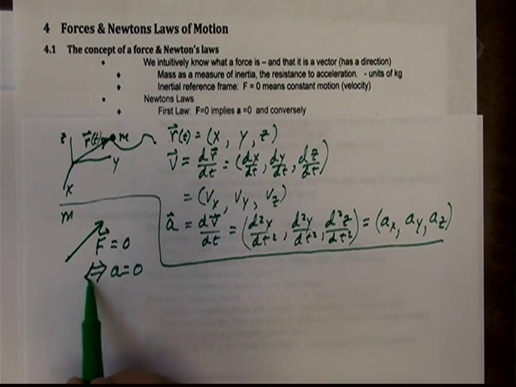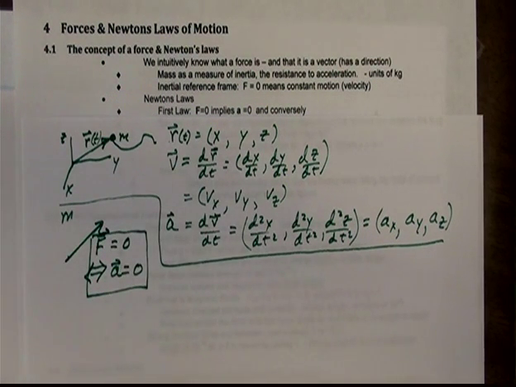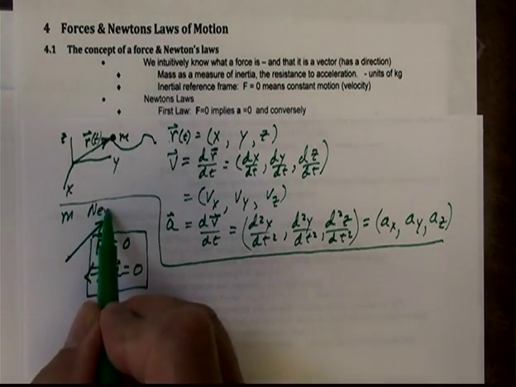And conversely. In other words, either one of these implies the other. And both of these are vectors, so these are pretty strong statements. It applies, therefore, to the x, the y, and the z direction. If there's no force in the x direction, there's no acceleration in the x direction. No acceleration in the y direction, no force in the y direction, and so forth. And this is Newton's first law.